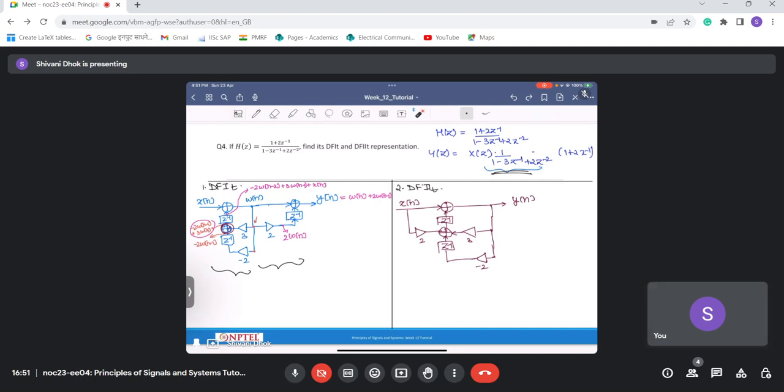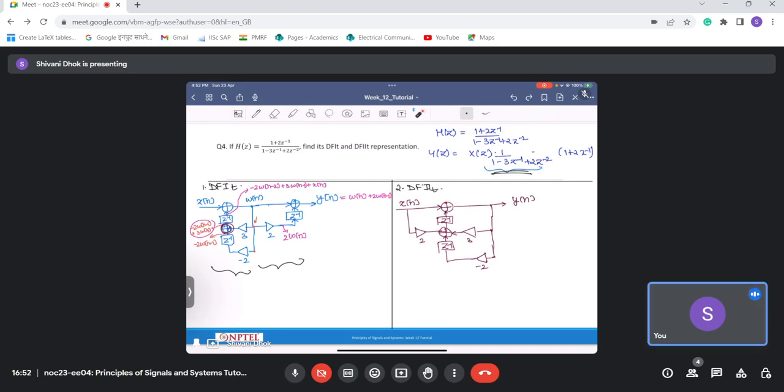So, what did we achieve here? Advantage over DF1 transpose. In DF1 transpose, how many adders do we have? 1, 2, 3, 3 adders, and in DF2 transpose I have only 2 adders. So we reduce to 2 adders and 2 delay elements.